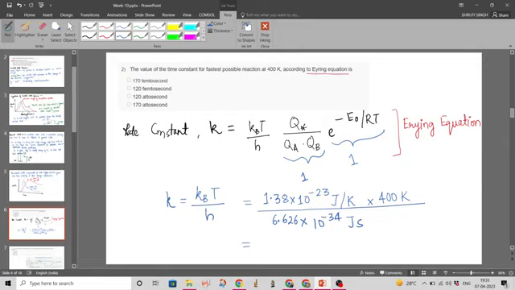On doing this calculation, it comes to 83.3 times 10 to the power minus 23 plus 34 when this goes up. So this one is 83.3 times 10 to the power 11.